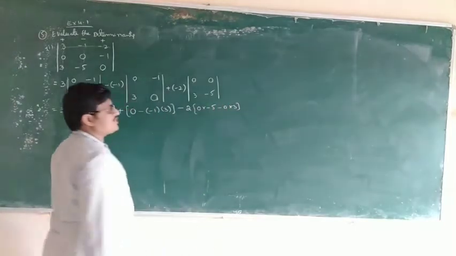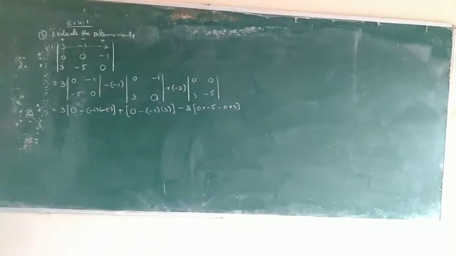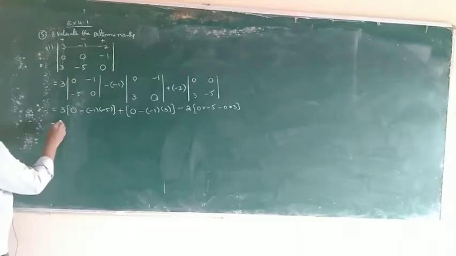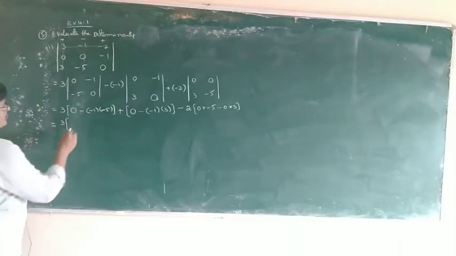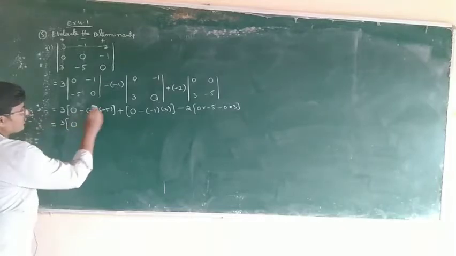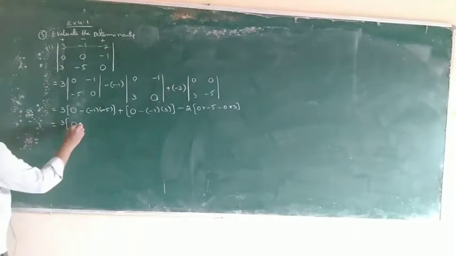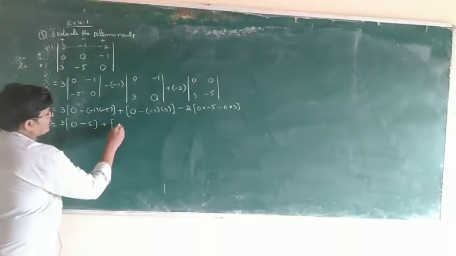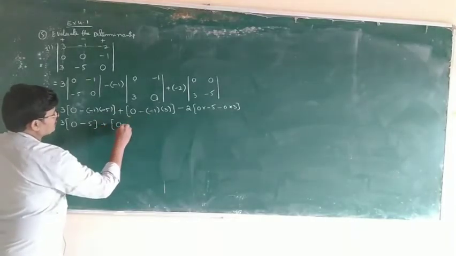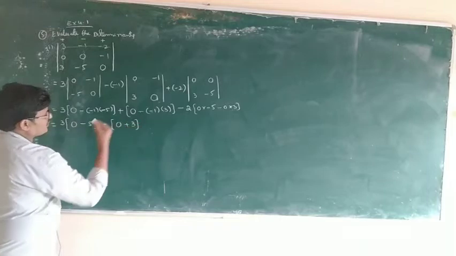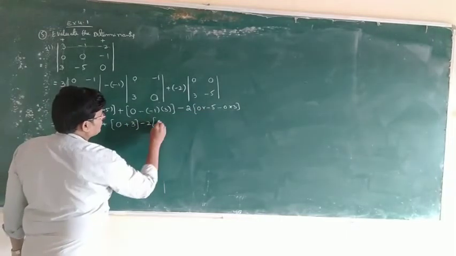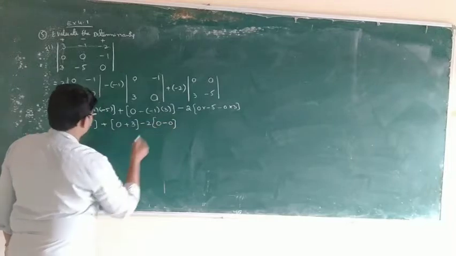AD minus BC. Okay. So that is equal to 3 into 0 minus 1 into minus 5, plus 5, so minus 5 plus 0, minus into minus plus 3 into 1, 3. So minus 2 into 0 into 5, 0 minus 0.